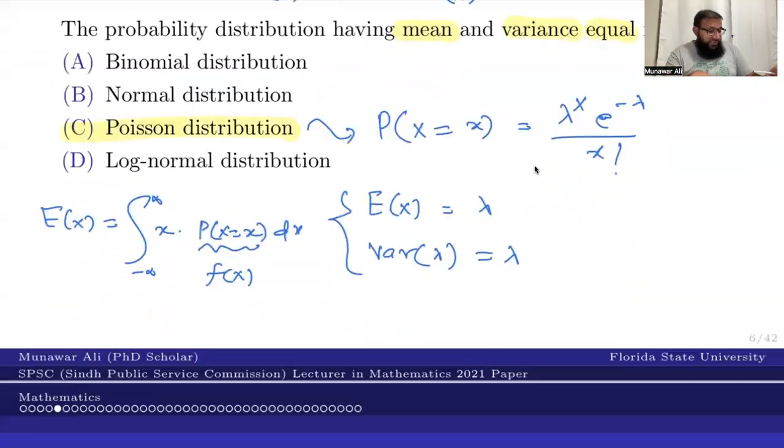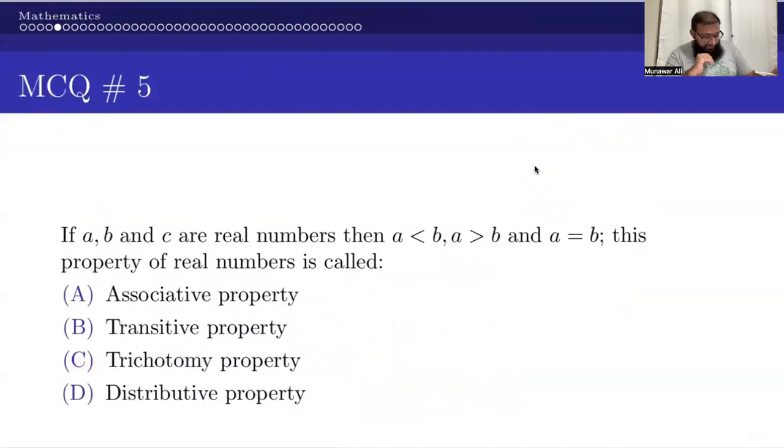Okay, let's go ahead. MCQ number 5. It's a really simple MCQ which you can find in maybe a matric class book or a first year class book of mathematics. The property is that, if I have two real numbers, either one is less than the other, or greater, or they are equal. This property is called the trichotomy property, because tri means three. So there are three possibilities: one number is less than the other, or equal to the other, or bigger than the other.